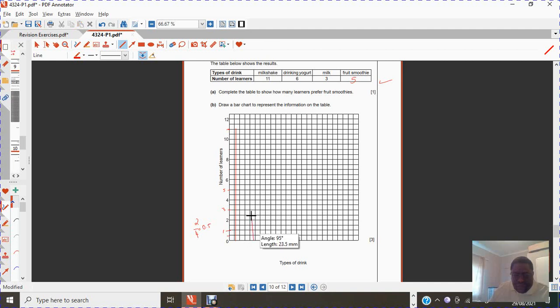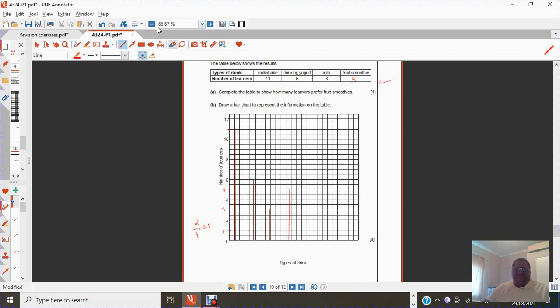They say 6. 6 is all the way up to there. And then 3 for milk. So that is going to be 2 there. Skip 1. So milk is 3. And so I'm going to have 2 there. Skip 1. Well, this one is going to be 5. So 5 is all the way right up there.